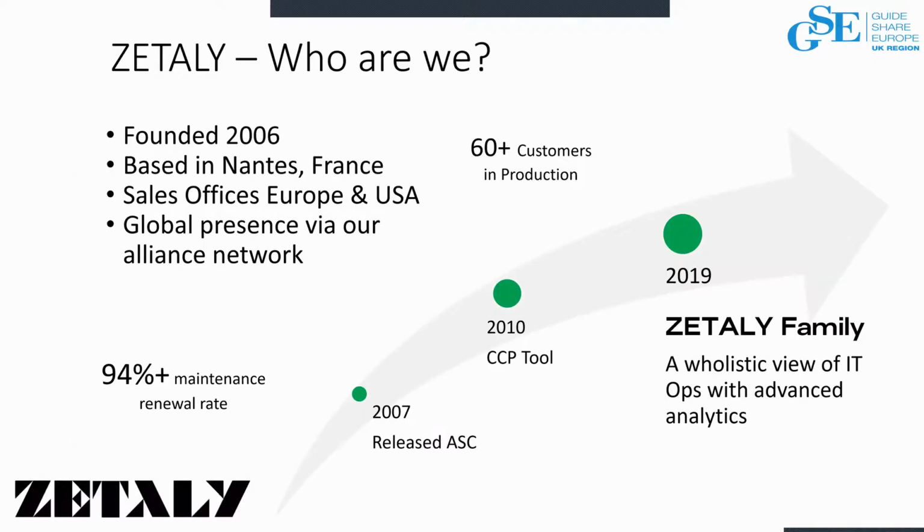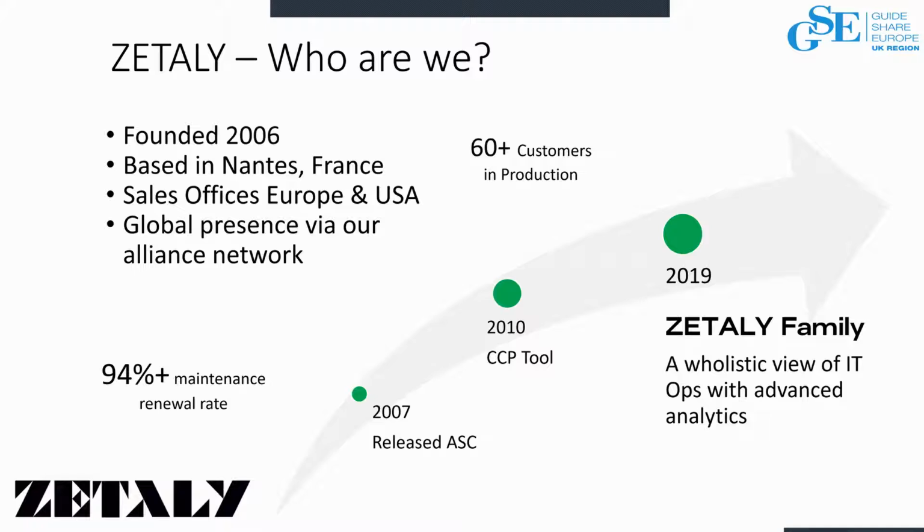And let's go. First of all, let me explain who we are. We are a French company that was created in 2006, based in Nantes, France, and have a global presence through the Alliance network, so business partners around the world.